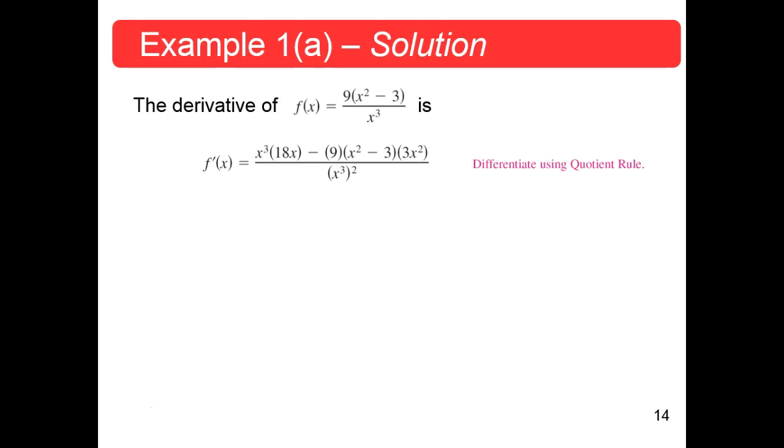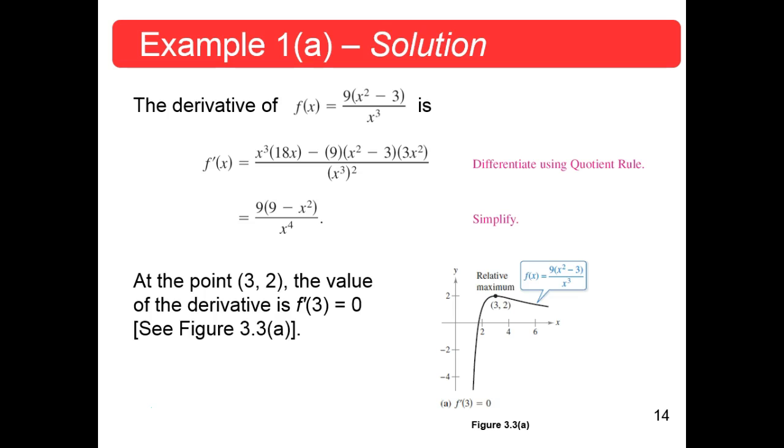So the derivative of this, they finally got around to doing theirs. They did low d high minus high d low over low squared and got that as a simplified form. And when you plugged in x equal 3, no matter what the y was, you got f prime of 3 equal to 0.